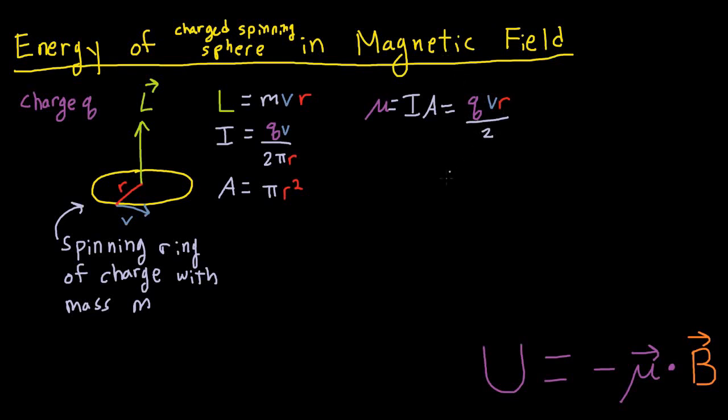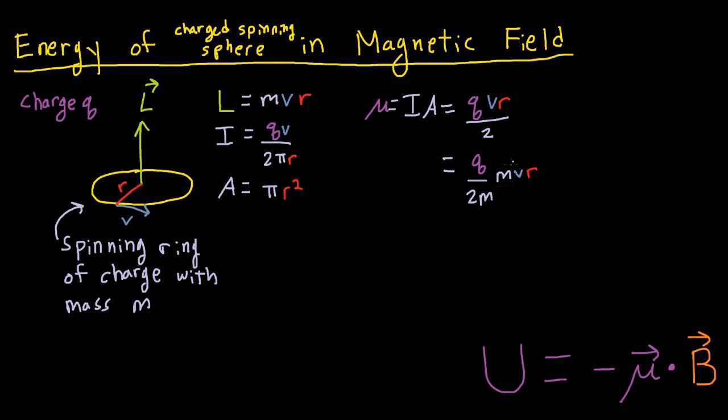Now, just messing around a little bit, we can rewrite this as Q over 2m times mvr. And mvr is just the same thing as L.